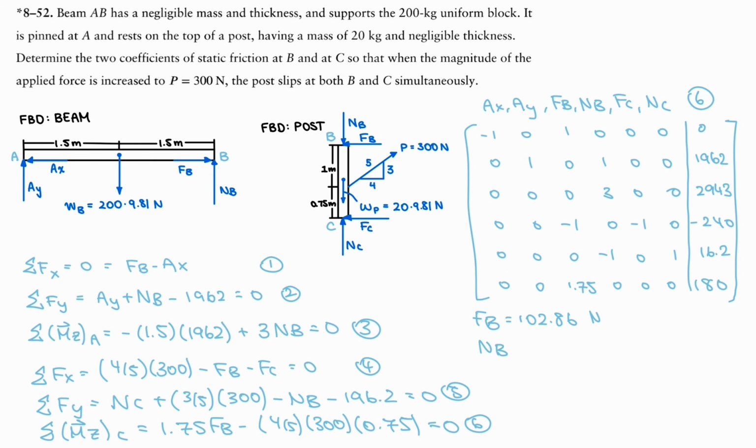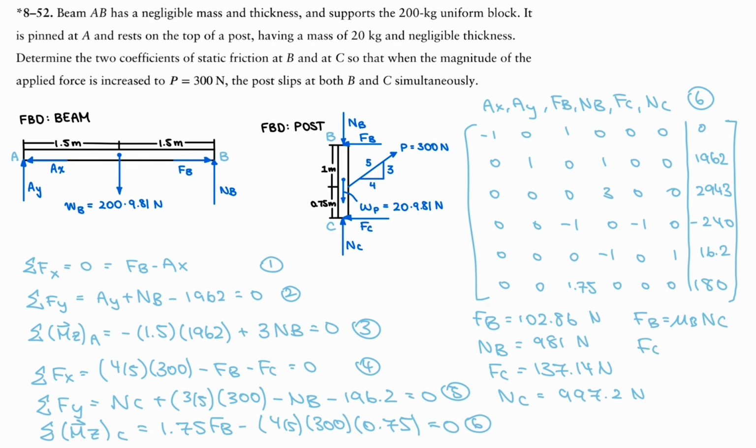The normal force at B is 981. Force C is 137.14. Normal C is 997.2. And then since we know slipping at B and C occurs simultaneously, we know that these two equations must be true.